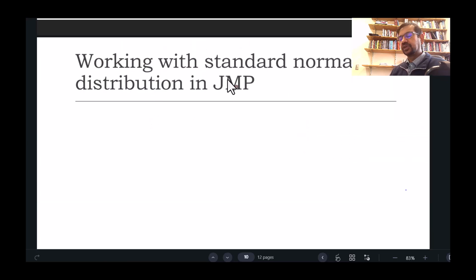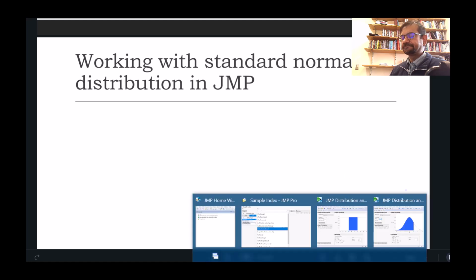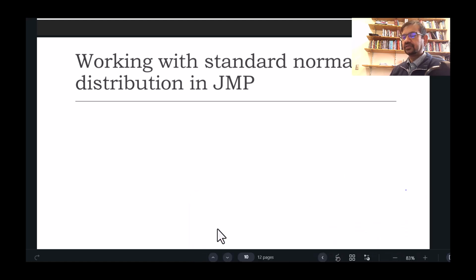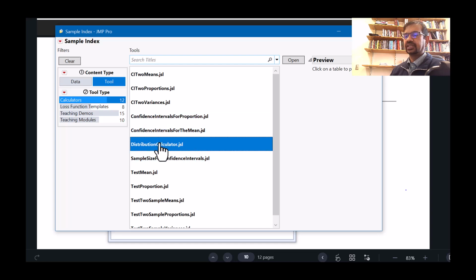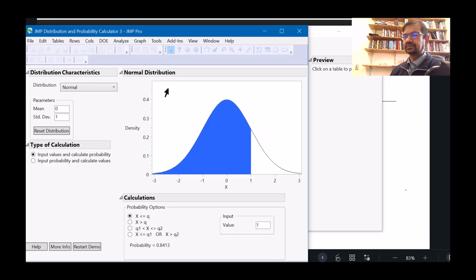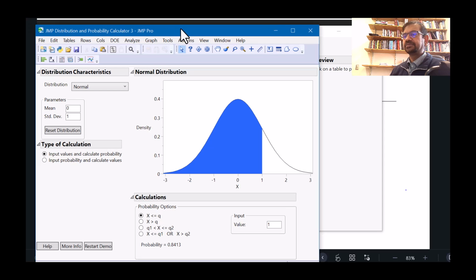And this is what we will work with in JMP to obtain the normal distribution. We can do the same thing. We go to help, we go to sample index, and then we go back to our distribution calculator. And it opens up with mean 0 and standard deviation 1.